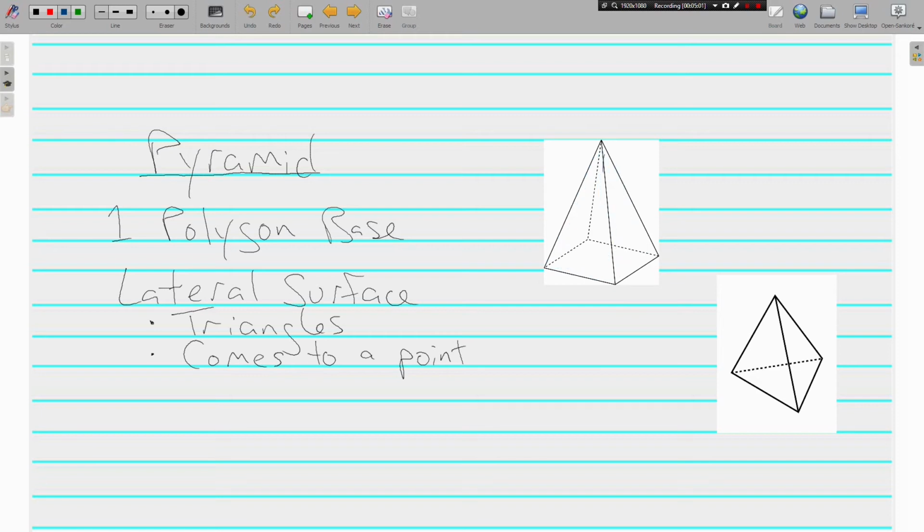Again, we have a polygon base, and it's a square or a rectangle down there, and all the lateral surfaces are triangles. This one right here is called a square pyramid because the base is a square. Again, these figures are named by their bases. Whereas this one is a triangular pyramid.